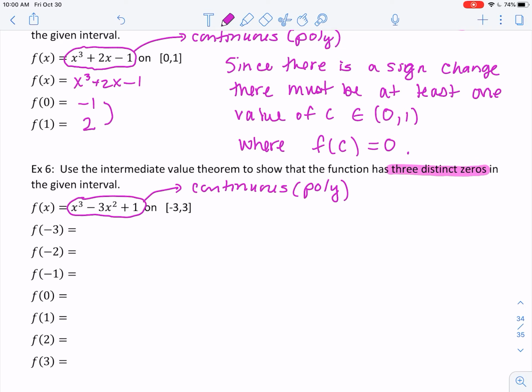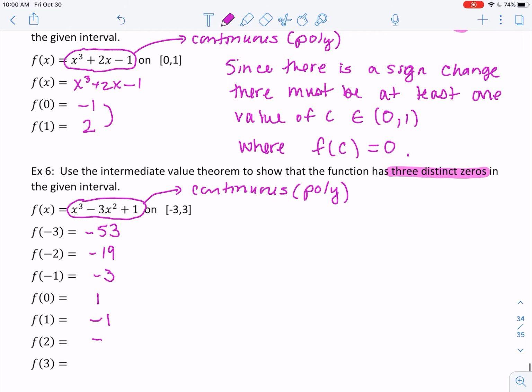So f of -3 should be -53. At -2, it's -19. -1, it's -3. 0 is 1. 1 is -1. 2 is -3. And 3 is 1.